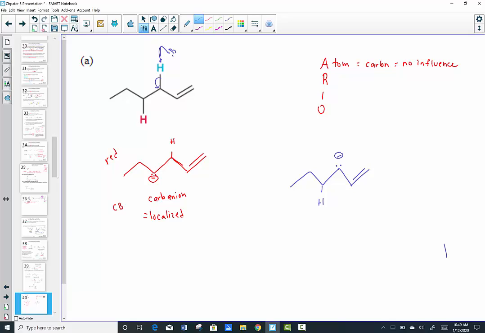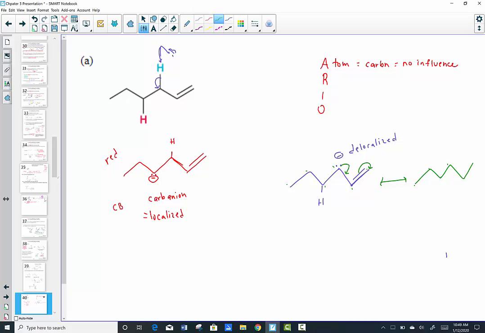So the resonance structure that can set up, these electrons can move to form a double bond. These electrons can place the terminal carbon as the extra electrons. And so what happened? 1, 2, 3, 4, 5, 6. 1, 2, 3, 4, 5, 6. There we go. The original double bond, right? So just follow the arrows. Here now is the double bond. Here now is the negative electron.